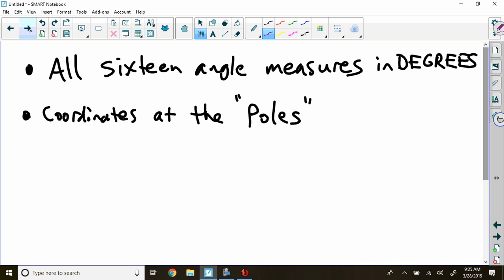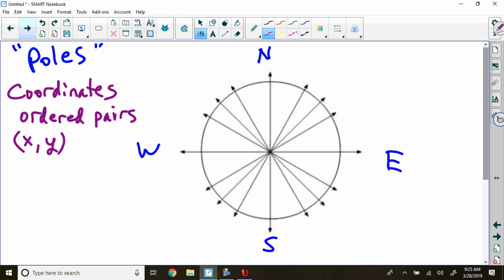If you take the quizzes on this, I'm not going to ask you to label the center, but it is handy to know that the center has coordinates 0, 0.